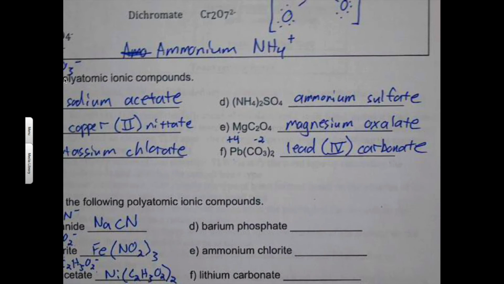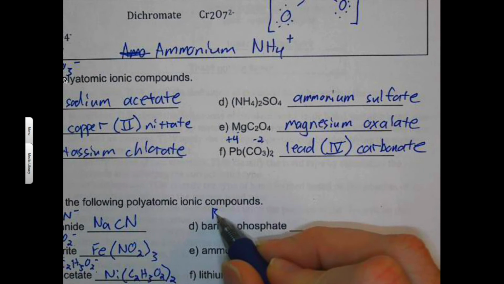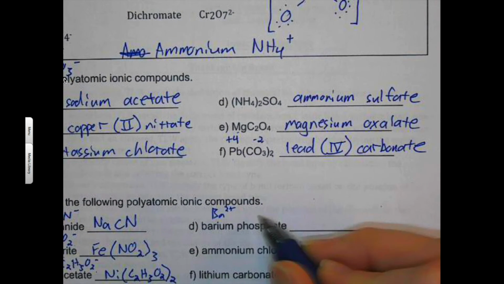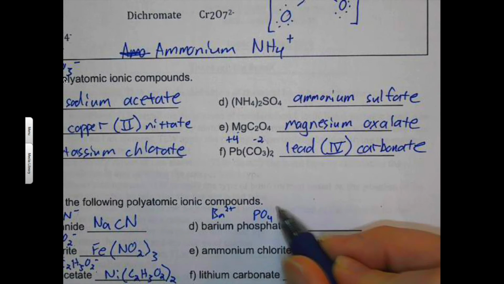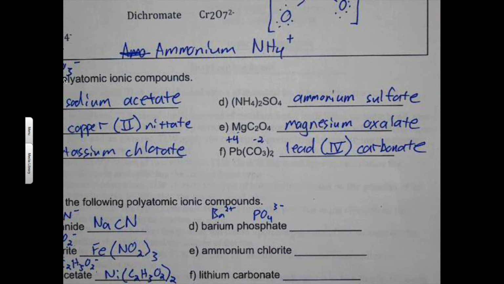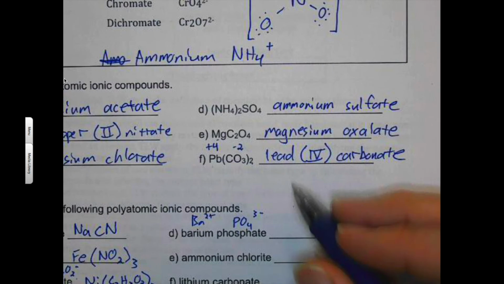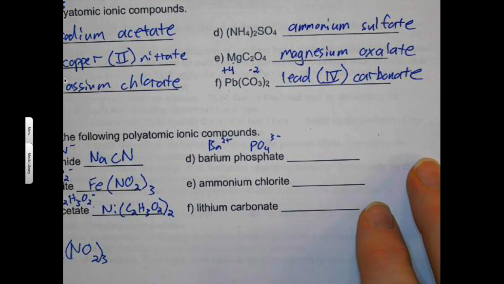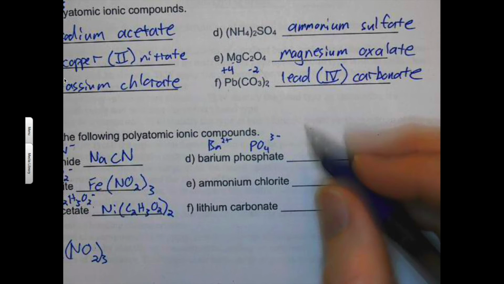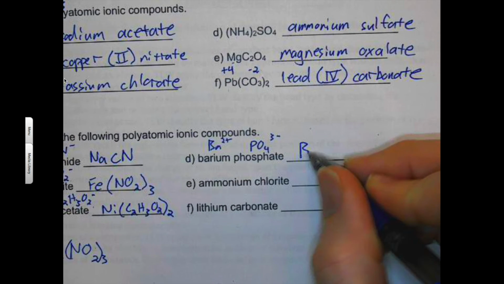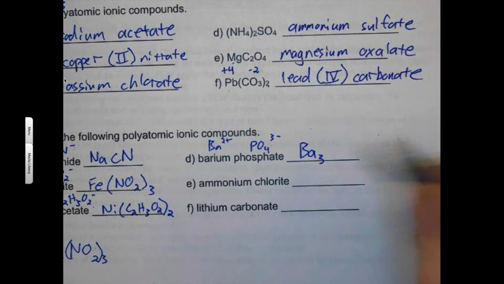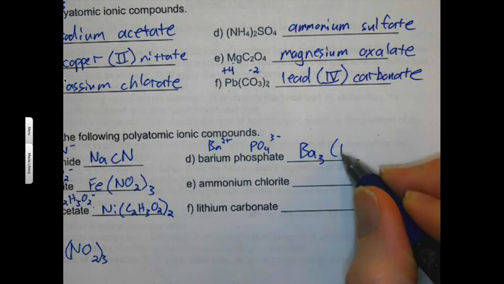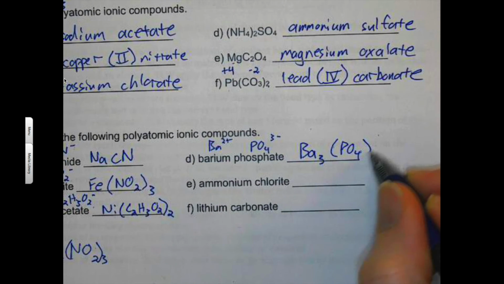And then barium phosphate. Barium is a 2 plus charge. Phosphate, you can look it up. It should be on the top. Yeah, phosphate is up there on the top. So that's a 3 minus charge. And so the numbers will switch. So it's going to be barium with a 3 down the bottom. And then phosphate is PO4 with a 2.